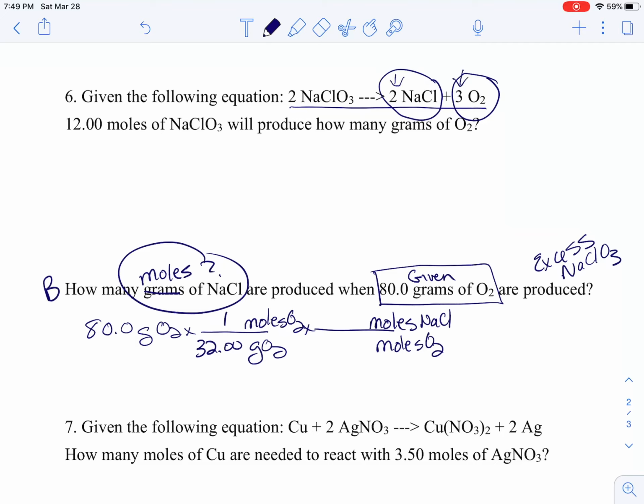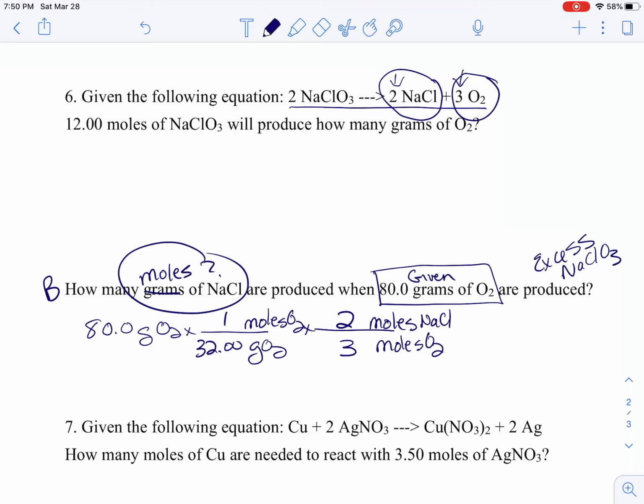So we have to make sure that we put the 2 and the 3 in the proper places. By writing moles of O2 on the top and moles of O2 on the bottom and moles of NaCl on the top there, it determines that for us so you don't have to think. So we put a 3 down here because that's what's in front of O2 and a 2 in front of the NaCl, so we put the 2 in front of the moles there.